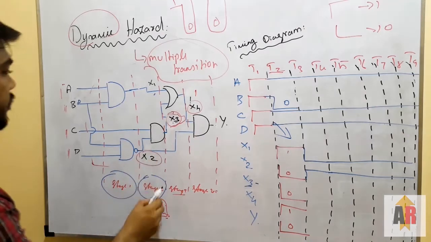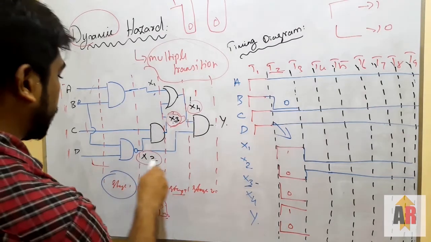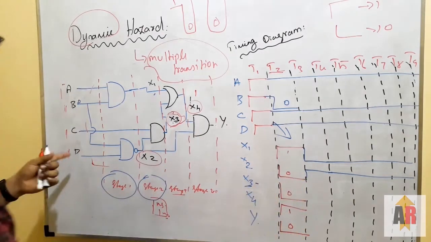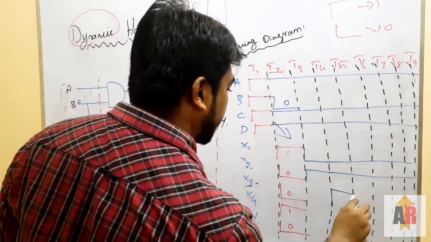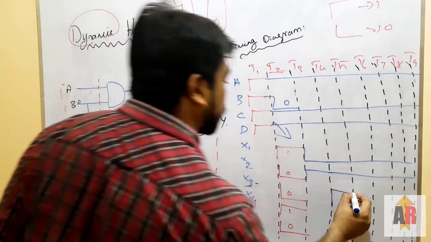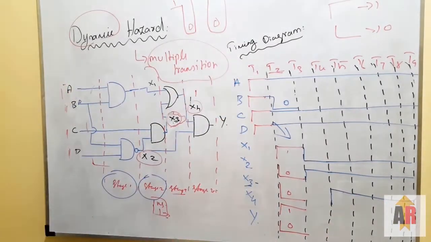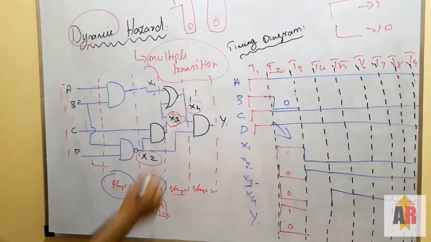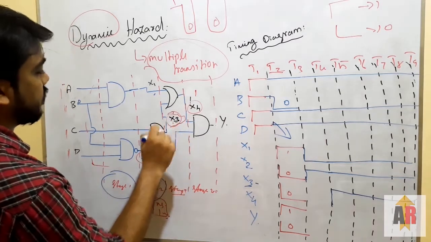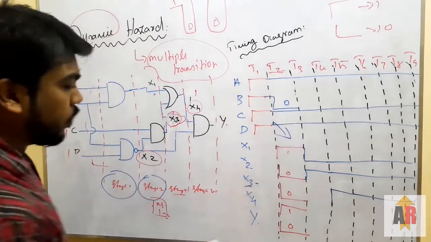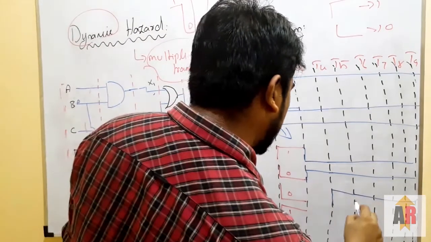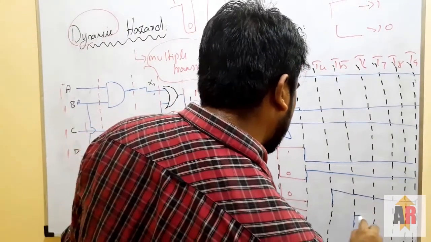What is my x3 value? My x2 value is 1, and 1 into 1 is 1, so my x3 value will be 1. Then finally my x4 value is balanced. So x4 is x3, that is 1 into 0, 1 plus 0, that is 1. So my x4 should change here.